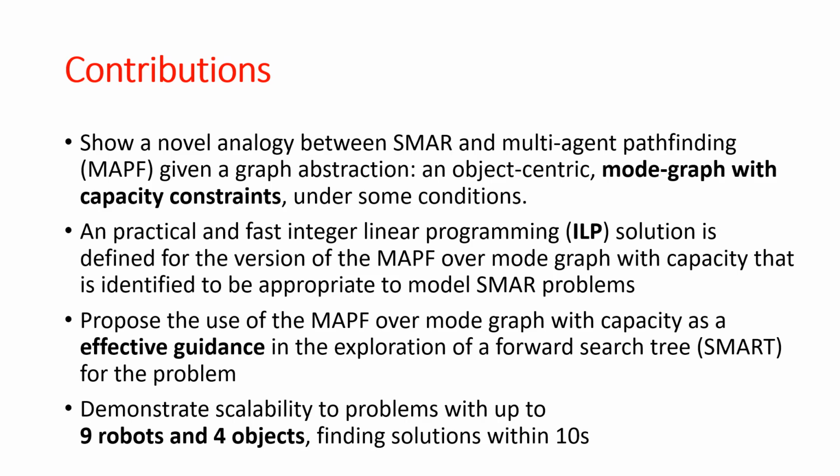And we perform extensive studies in simulation where we push the class of problems that we can solve up to 9 robots and up to 4 objects, and we consistently find solutions within 10 seconds, even for such massive problem domains.